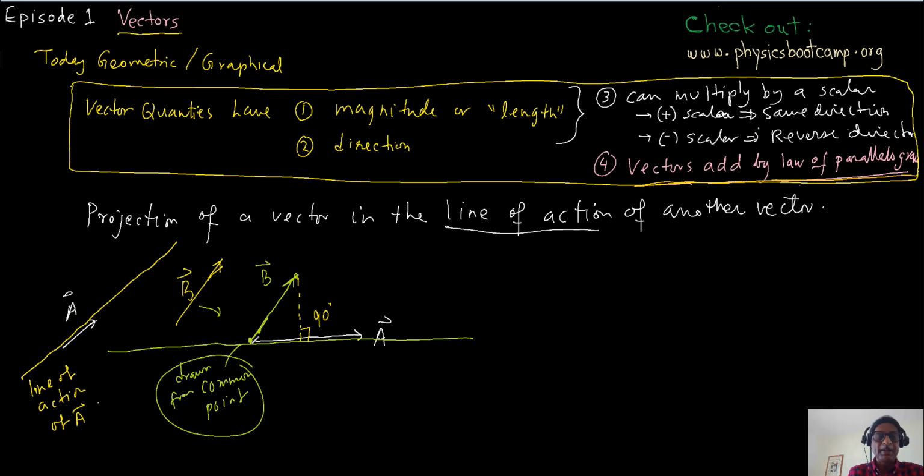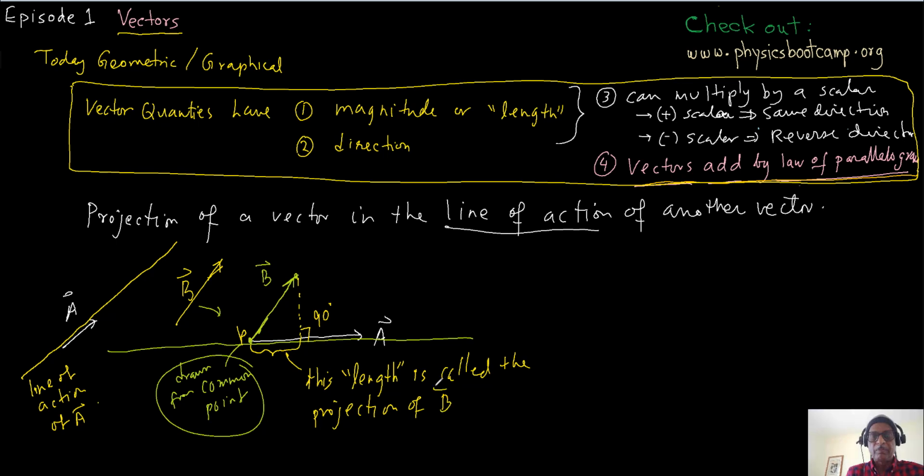When it hits that line, let's call this common point P. So this length, we call it projection of B on A. It's called the projection of B on A.